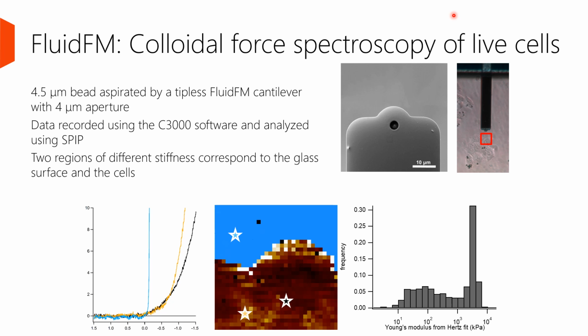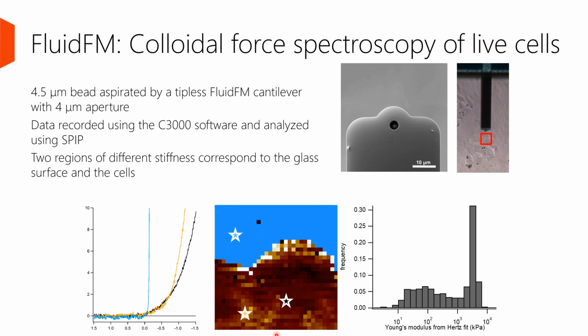For example, we can apply negative pressure to fix an isolated sphere to the cantilever to create a colloidal tip. We can perform force spectroscopy as usual, and when the experiment is finished, we can apply some positive pressure to release the sphere. Eventually, we can use the same cantilever with different spheres. The advantage of this setup is that we have more degrees of freedom in the colloidal tip selection.